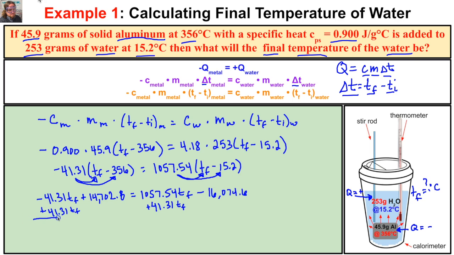And when we do that, we are going to end up with 14,702.8 equaling 1,098.84 times the final temperature minus 16,074.6. And so now what can we do? We can add 16,074.6 to both sides of this equation.